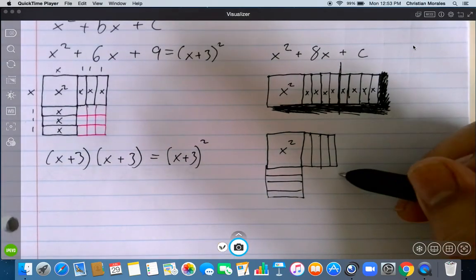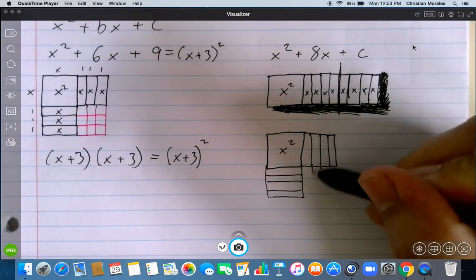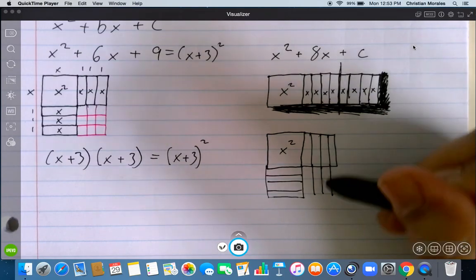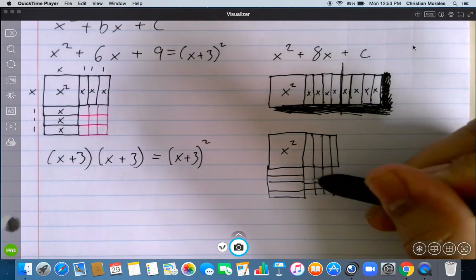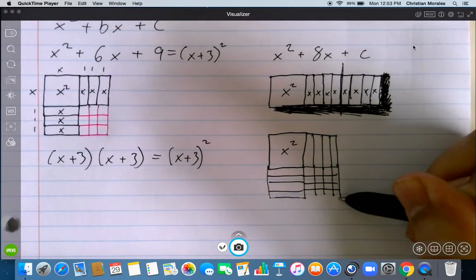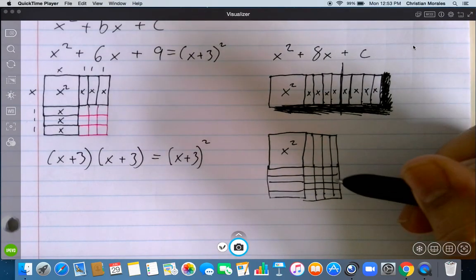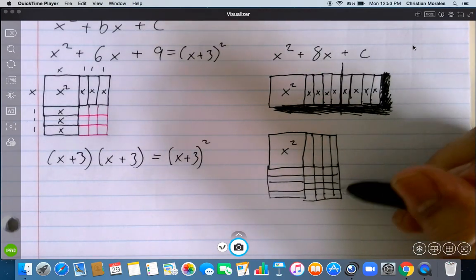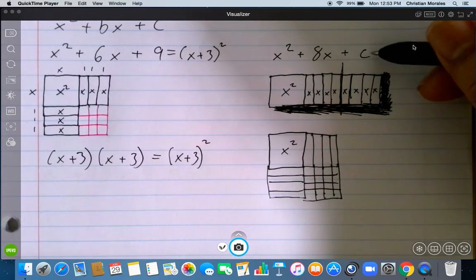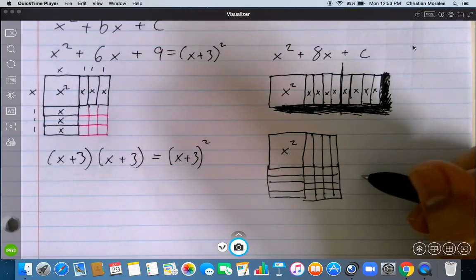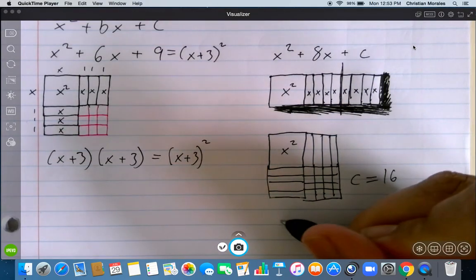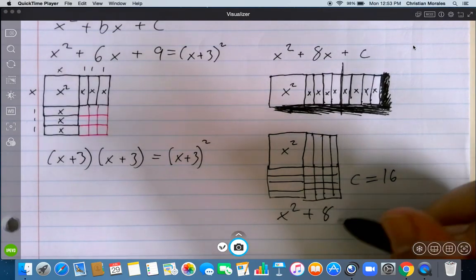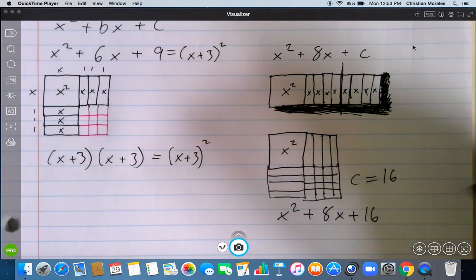But then you need to figure out, okay, how many single pieces do I need? Well, if you have 4 going this way and 4 going this way, you would have 4 times 4. So 4 times 4 is 16. So the number you need here at the end for c would be 16. So you'd have x squared plus 8x plus 16.